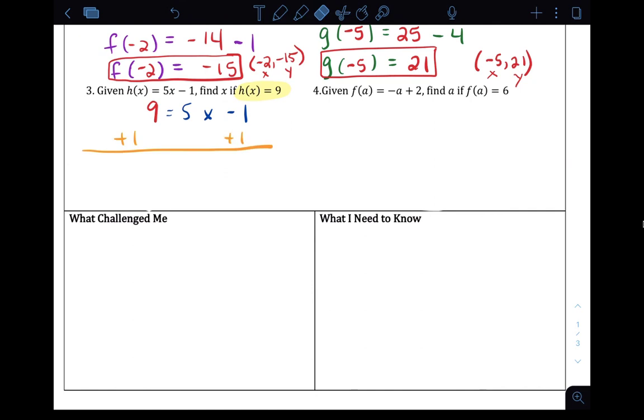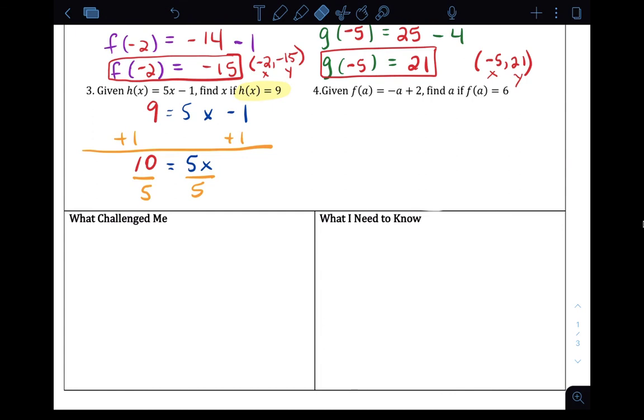So I'm going to go ahead and move my 1 across by doing opposite operations. 9 plus 1 is going to be 10. And now I have 10 equals 5x. To get x completely by itself, because you're multiplying there by 5, you're going to go ahead and divide by 5 on both sides.